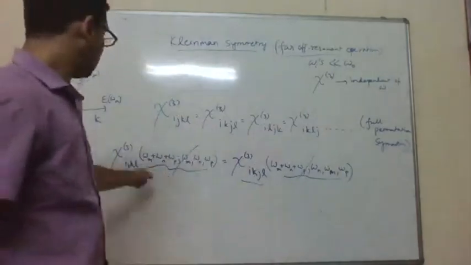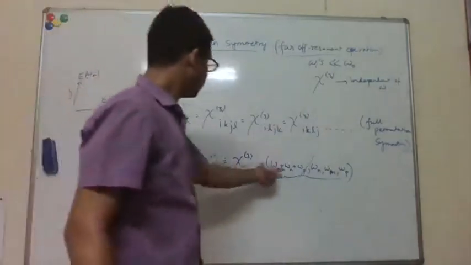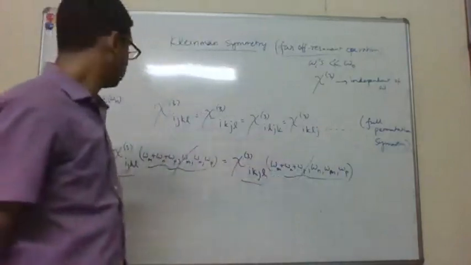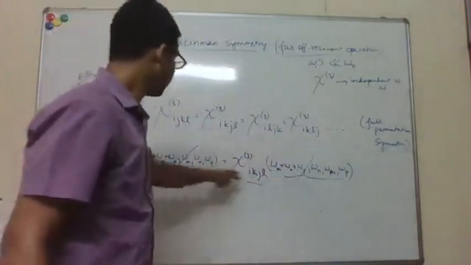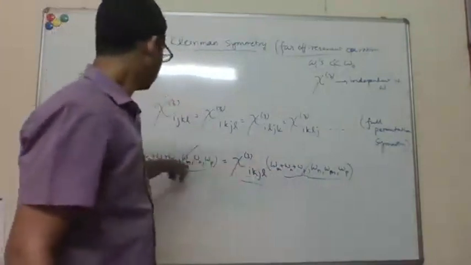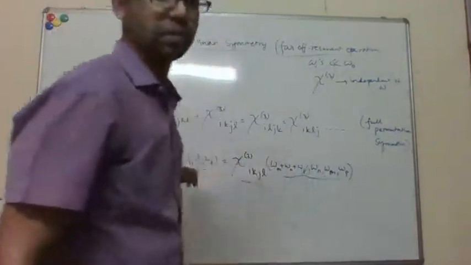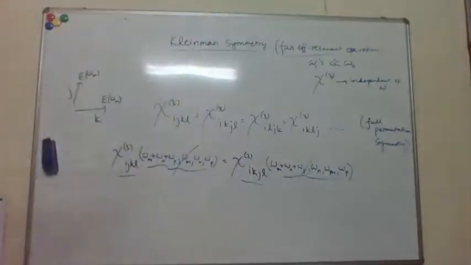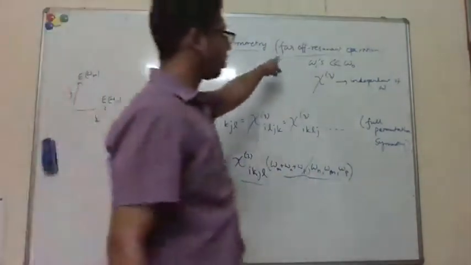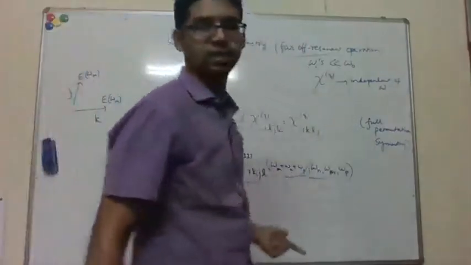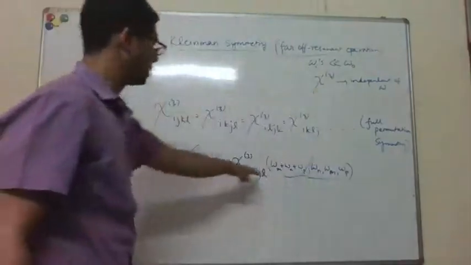So if you explicitly take the frequency dependence of the susceptibility into account, then of course just permuting the indices means you also have to permute the frequencies to keep the value the same. But under far off resonant operations, these frequencies don't show up at all in my chi3 value, so I can just permute the indices.